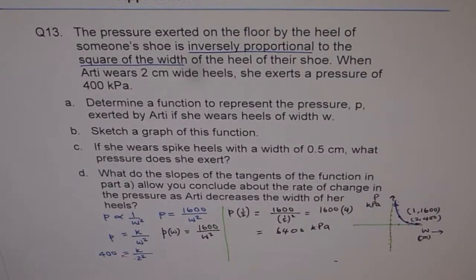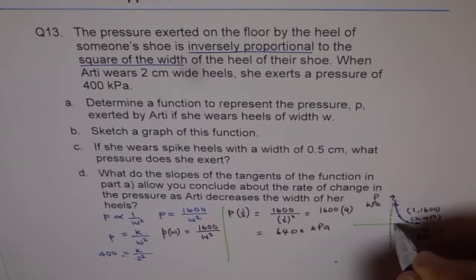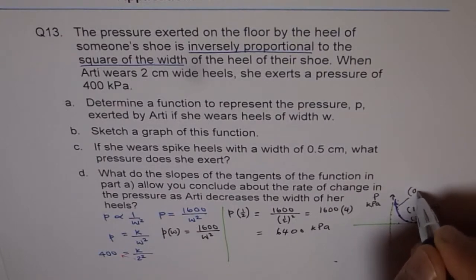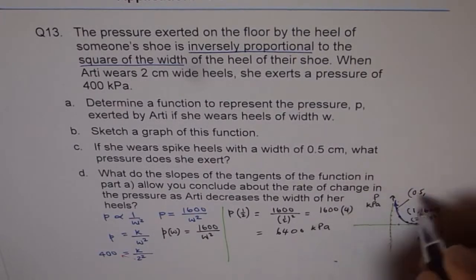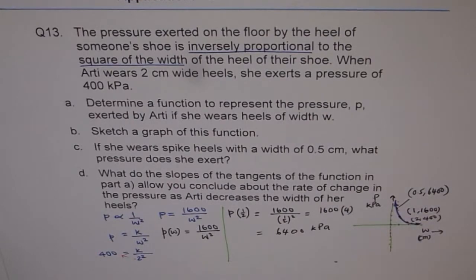It's important to write down the units here. So if my width is half, then the pressure here will be at 0.5 and 6400. See, it increases exponentially, very fast. So that is what the pressure is.